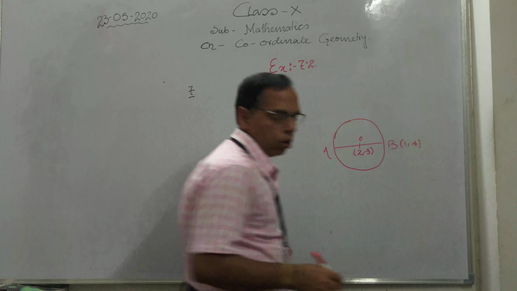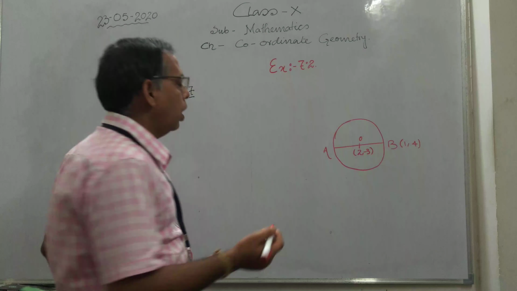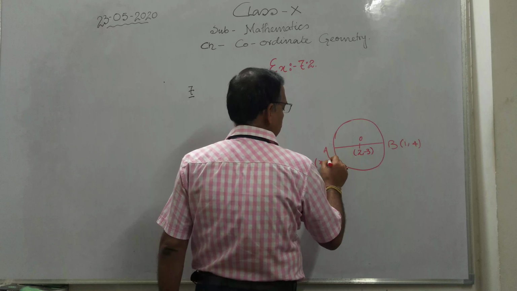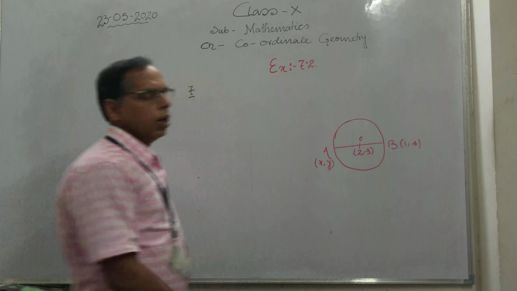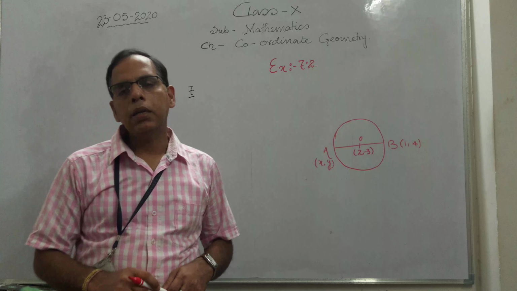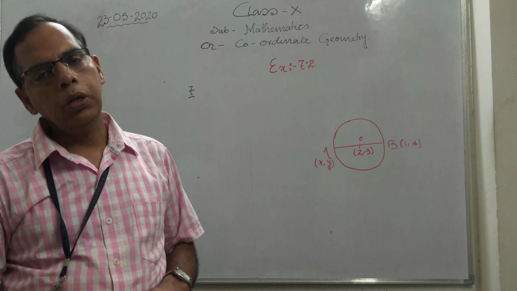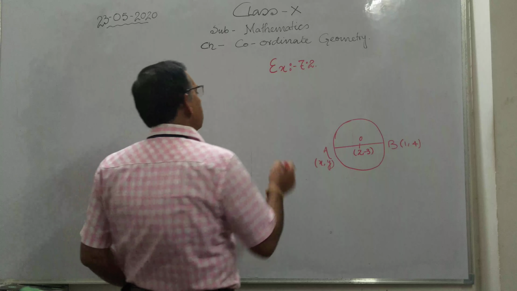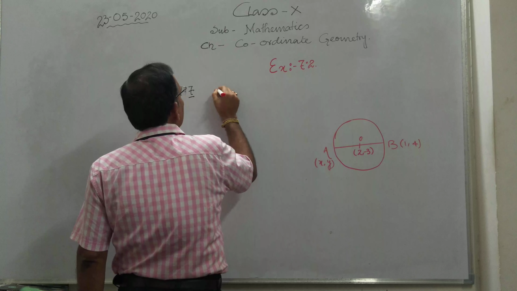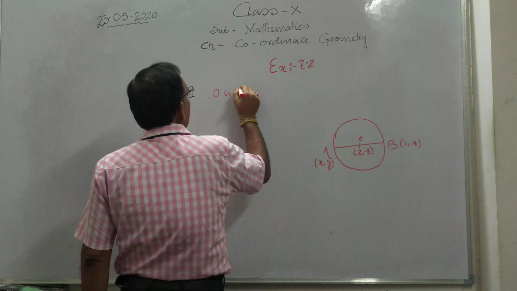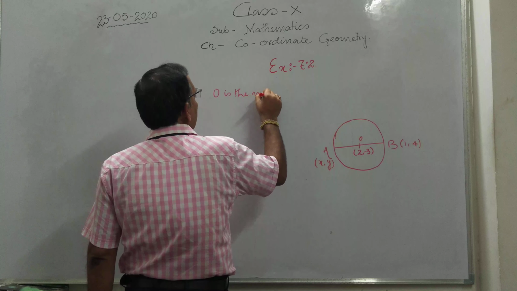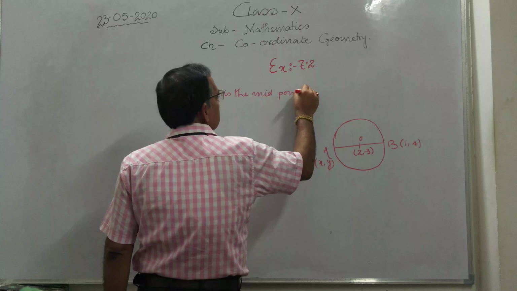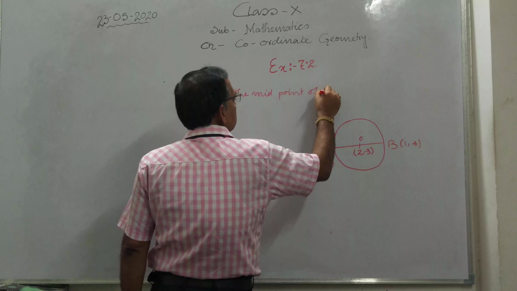But A is not there, yes or not? So we have to consider it as x, y. Now what did I tell? That the center divides the diameter into 2 equal parts and each part is a radius. Okay? So O is the midpoint of AB.